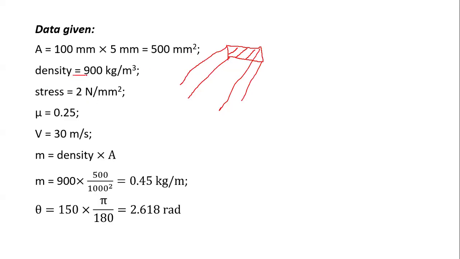Density, 900 kg per cubic meter. The stress, 2 newtons per square millimeter. Coefficient of friction, 0.25.